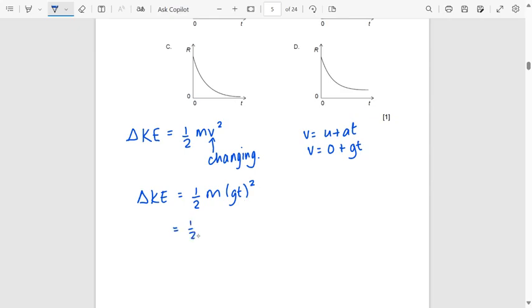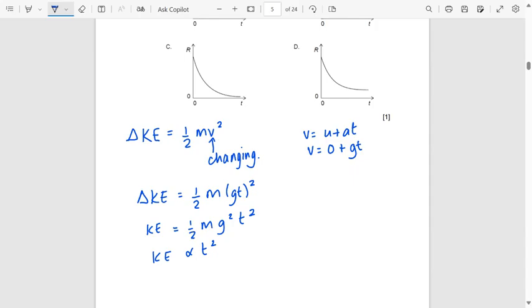So, half m g squared t squared. That's to say that the kinetic energy is proportional to t squared, where g is a constant, m is a constant, half is a constant.